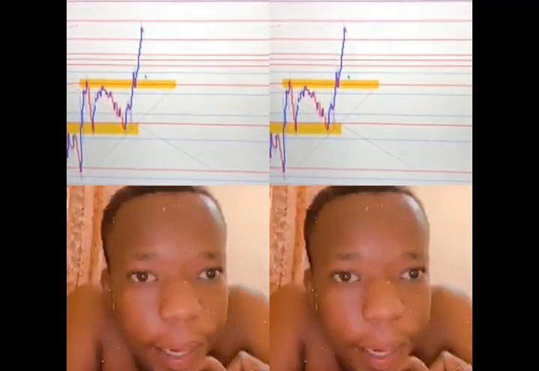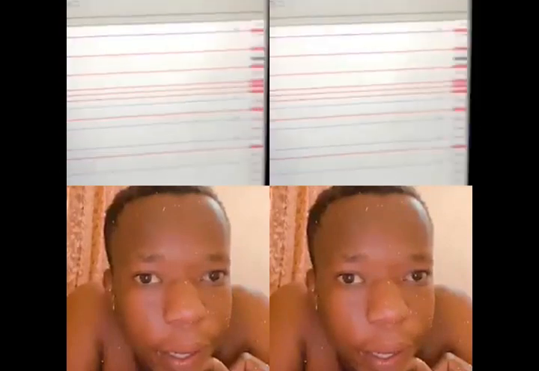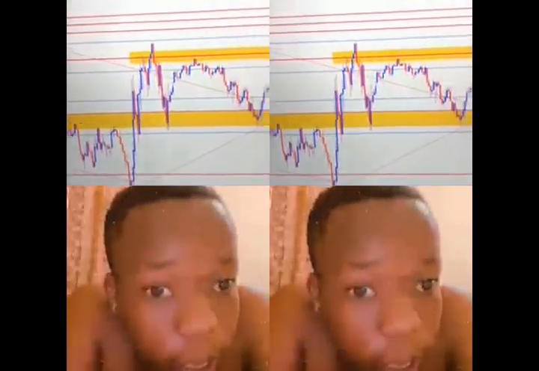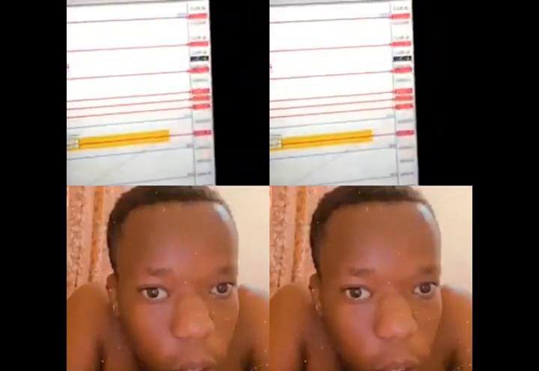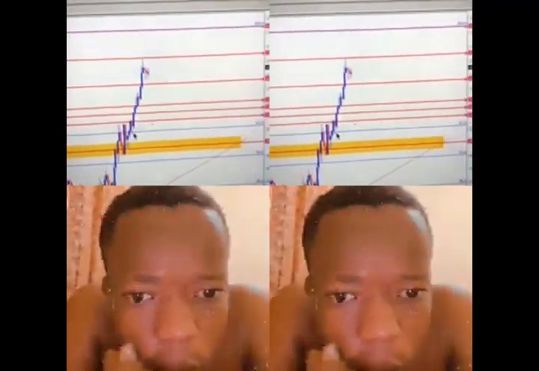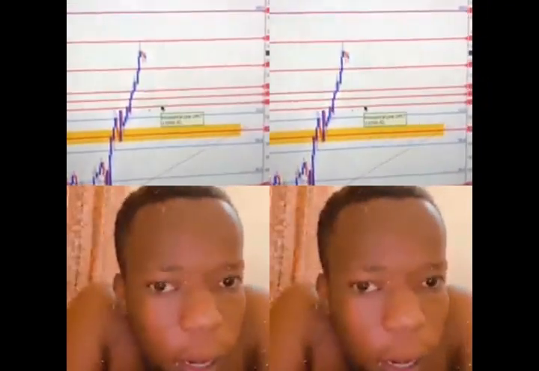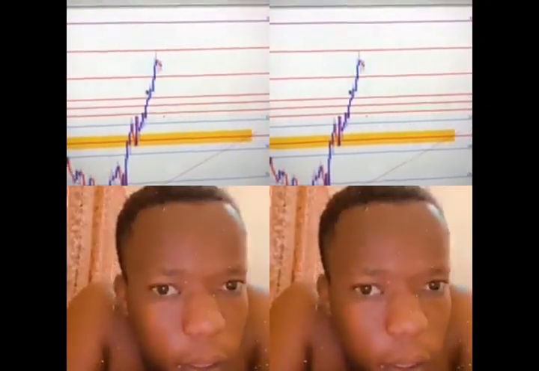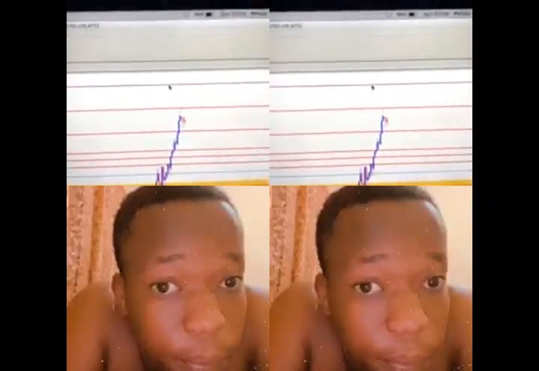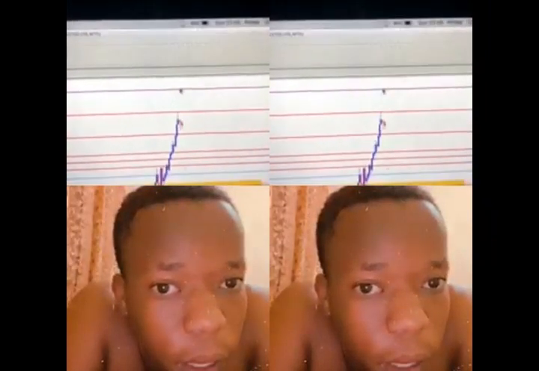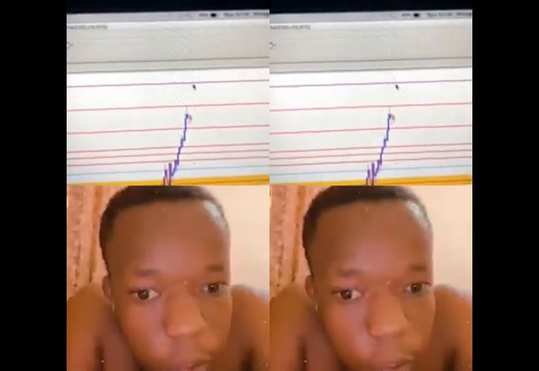Okay, sure, it retested already, more 61.80. I'm sure on a smaller time frame, let me check, it's going to retrace on that level. Oh yeah, it made a retracement there. It retested the 61.80 Fibonacci. It's going to this high first. Or if it retraces there, then we're gonna spike up.